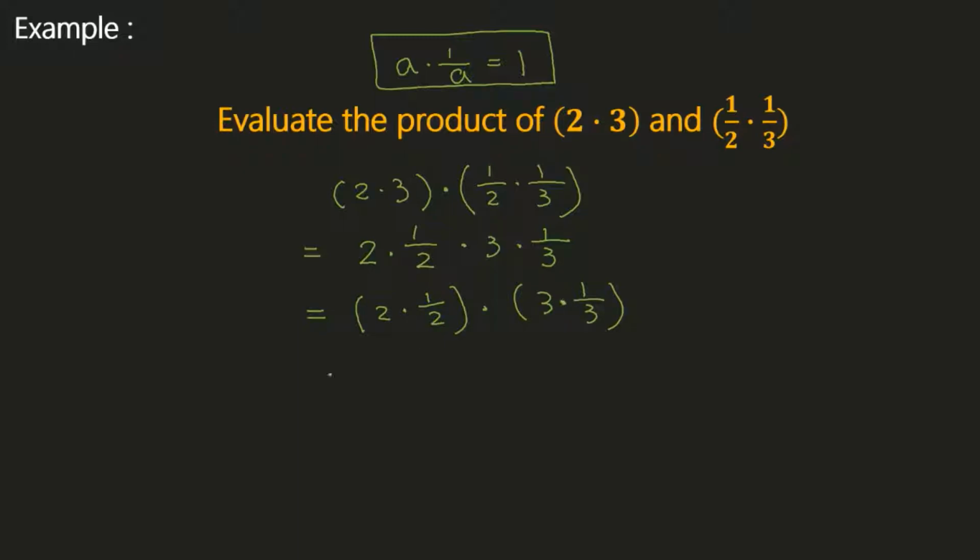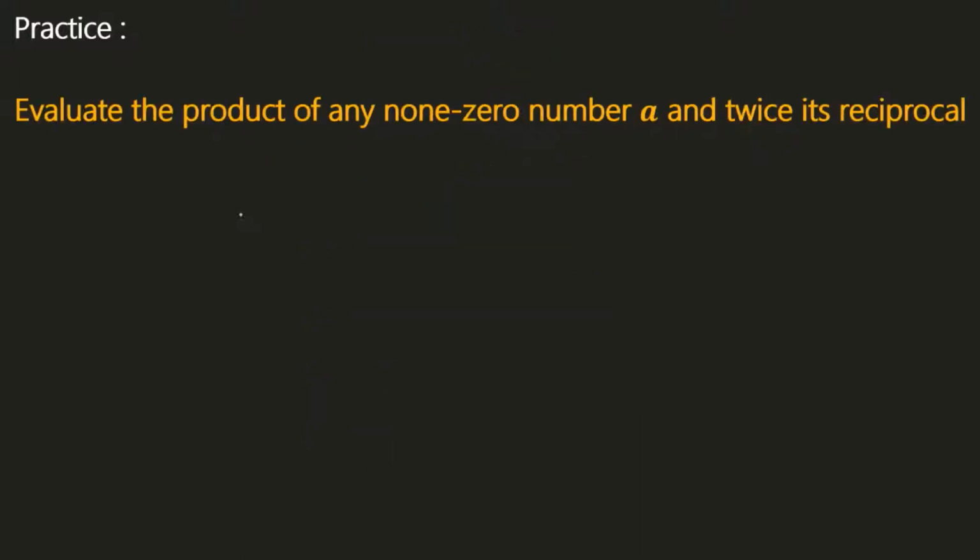Why do I group it this way? If you look at it, 2 times 1/2 is literally the definition of reciprocal, which gives us 1. Similarly, 3 times 1/3, which is also the definition of the reciprocal, also gives us 1. So the end result is 1.